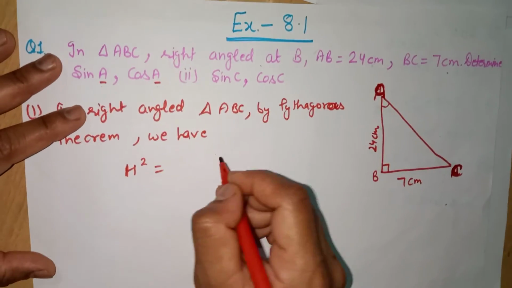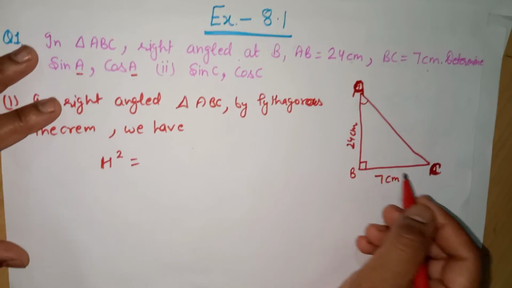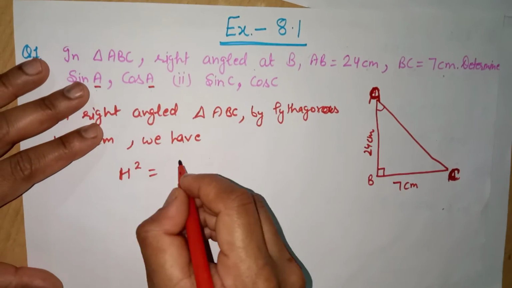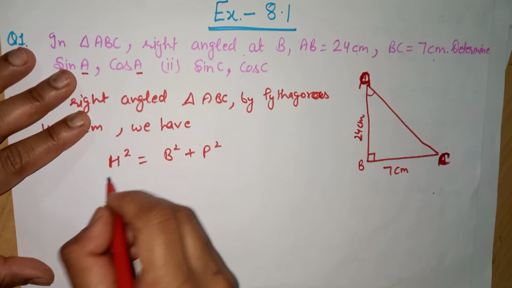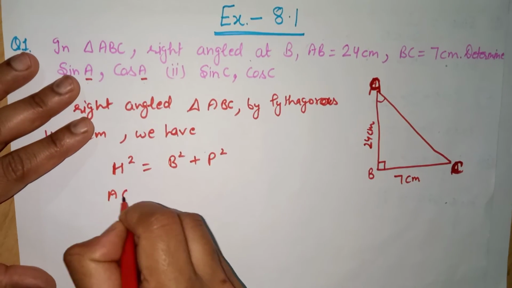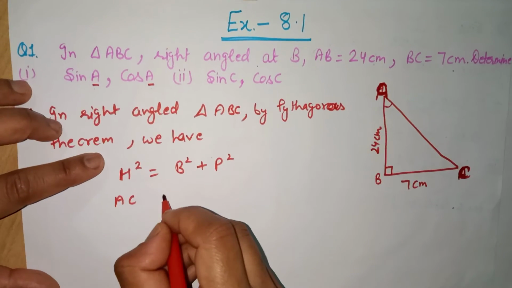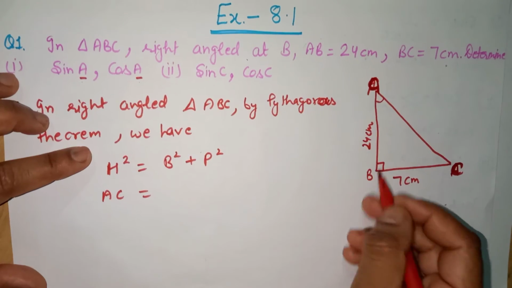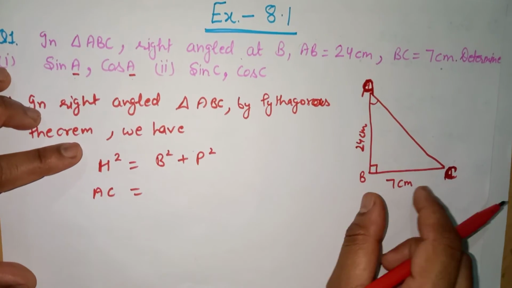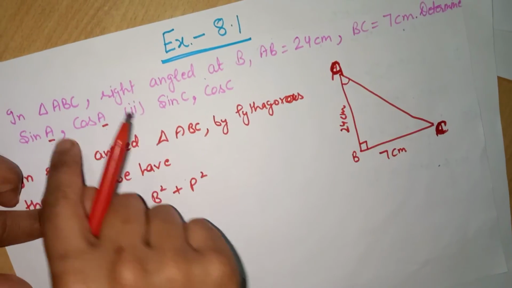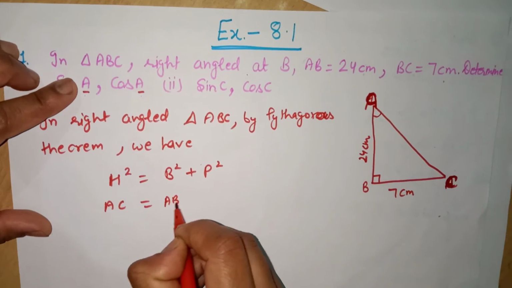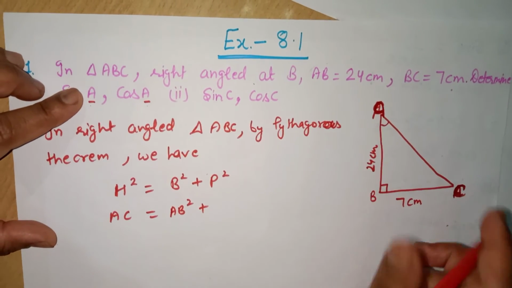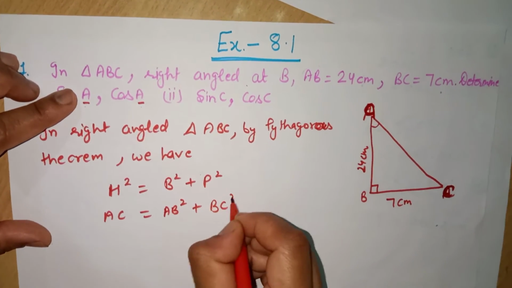Hypotenuse square is equal to the sum of the other two smaller sides of the triangle, that is base square plus perpendicular square. Here hypotenuse is equal to AC, and if we consider the angle A, then base is AB and perpendicular is BC.